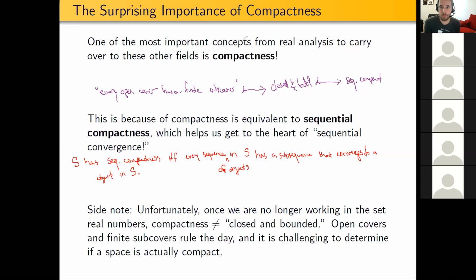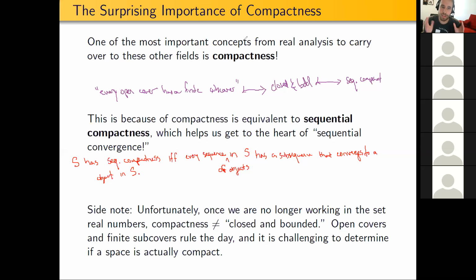So why is this important? Well, one of the questions that we're interested in is the question of, do sequences of objects converge to some limit object? And sequential compactness guarantees that our sequence might not converge, but some subsequence of it does converge.